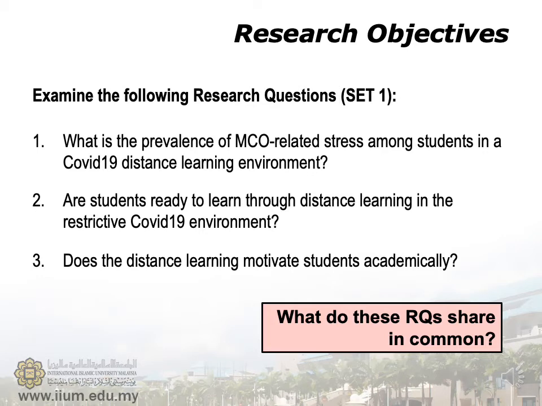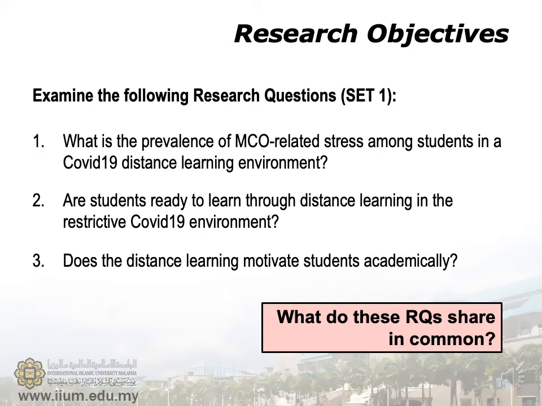What is the prevalence of movement control order-related stress among students in a COVID-19 distance learning environment? 2. Are students ready to learn through distance learning in the restrictive COVID-19 environment? 3. Does distance learning motivate students academically?